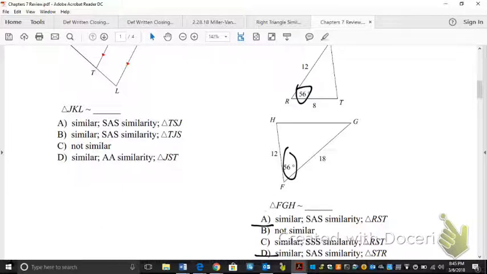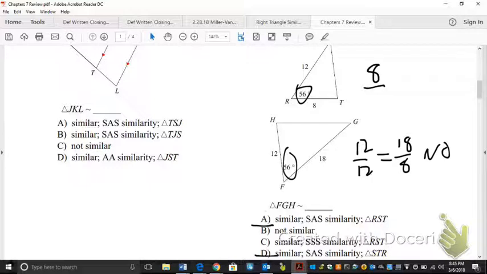Now notice on the top triangle, the 12 is the long side, the 8 is the short side. On the bottom triangle, the 12 is the short side, and the 18 is the long side. So if we're going to be doing this, we want to make sure that we're setting it up right. Because if we set it up wrong, we get 12 over 12 equals 18 over 8, and that's not true.